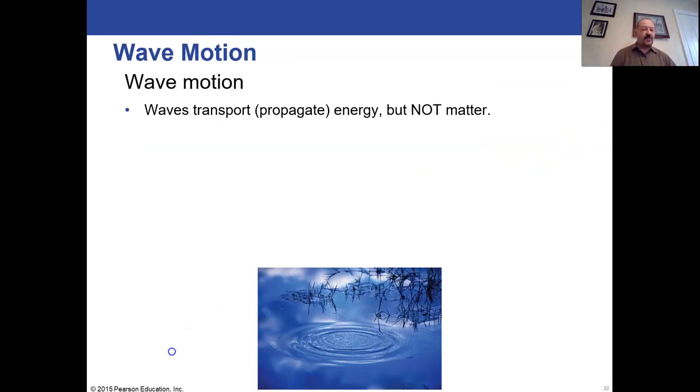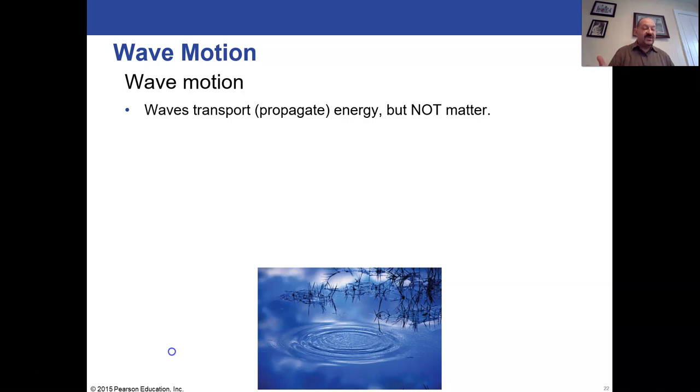All right, so let's talk a little bit about wave motion. Don't confuse wave motion with motion of the matter, especially with sound waves or water waves, which are even different from the light waves, the electromagnetic waves. Waves of any kind propagate energy. Something is vibrating over time and moving through space, but it's not the matter that it's going through.